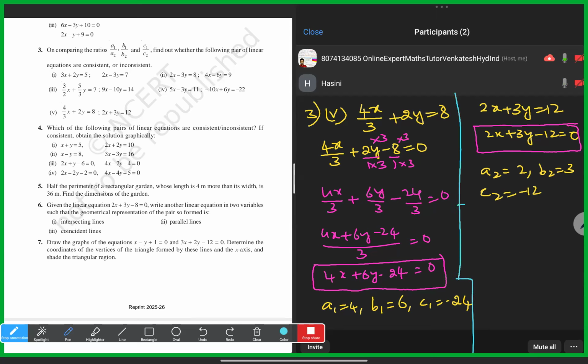So now I'm checking A1 by A2, which is 4 by 2, which is 2. B1 by B2 is equal to 6 by 3, 2. C1 by C2, I'm checking because the first two we got equal. So minus 24 by minus 12, which is again 2.